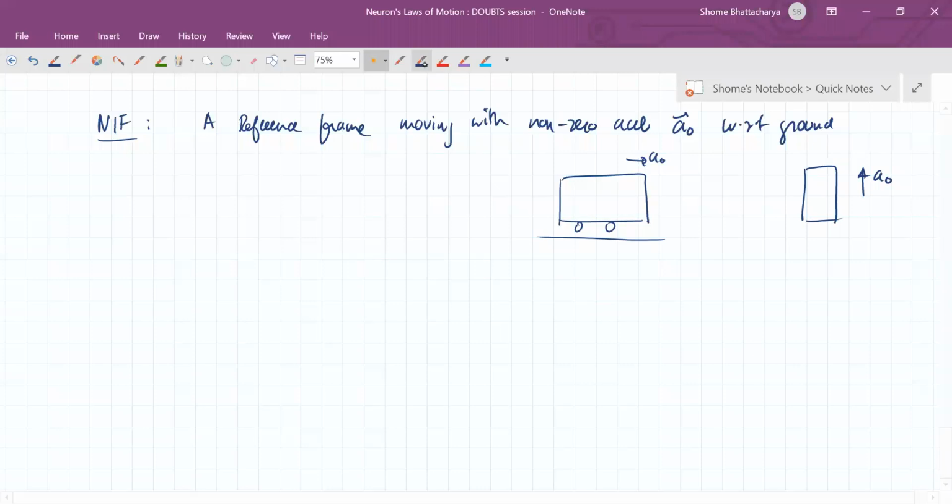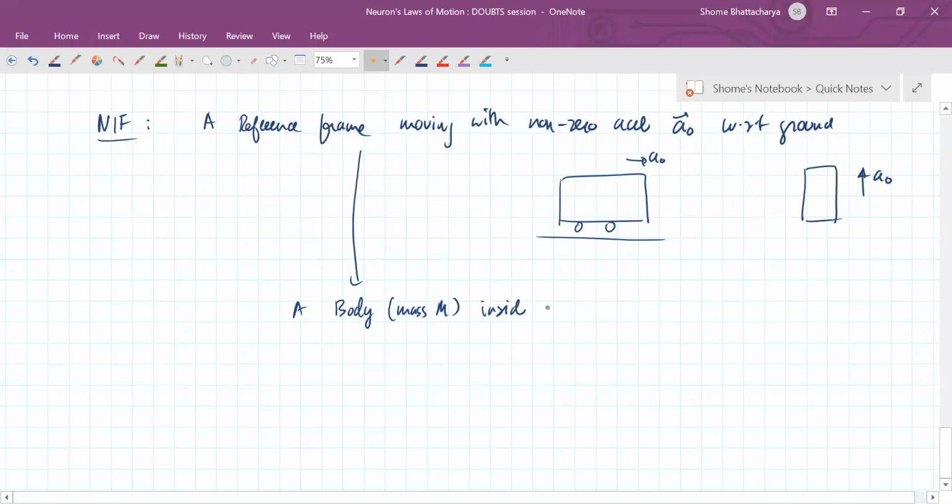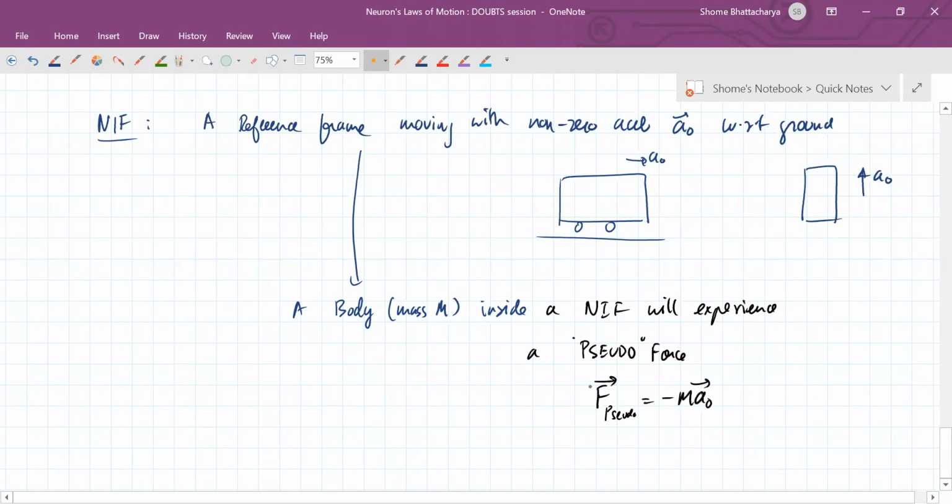Okay. And then a body of mass m inside a non-inertial frame will experience a pseudo force given by the equation minus m a naught.